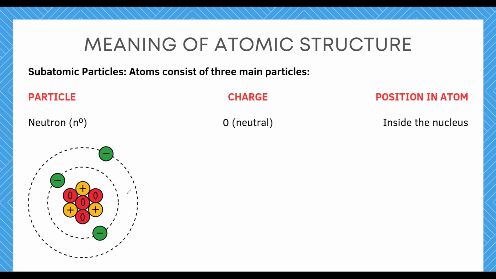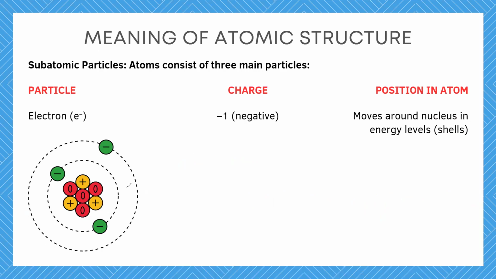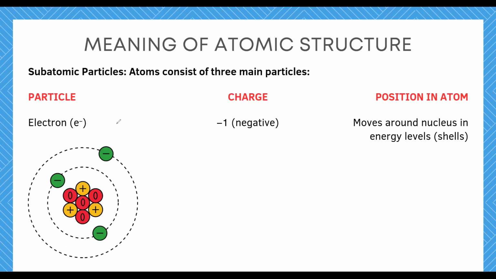The next subatomic particle that we want to look at is the electron. All these things are important because they are serving as the foundation on which we are going to build our knowledge of the atomic structure. The electron is a subatomic particle that is negatively charged. So we have looked at three thus far: the positively charged subatomic particle, the subatomic particle that has no charge, and the negatively charged subatomic particle.